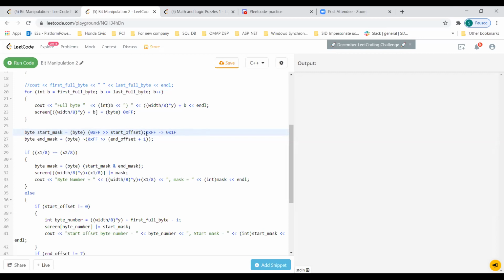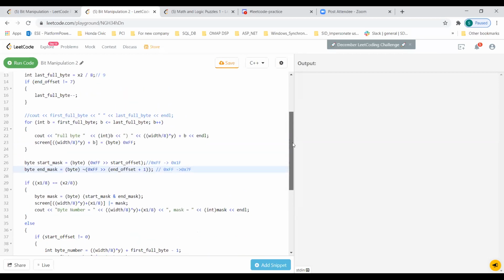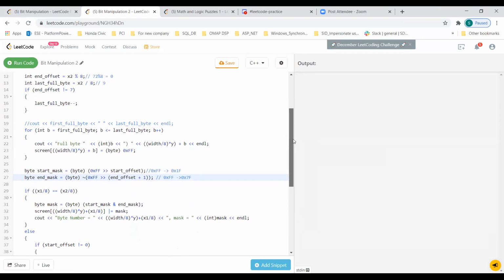And for the end offset, we don't have anything, right? So even if we have 0xFF, and the end offset was 0 plus 1, if we shift by 1 byte it will be something like 0x7f. Should not actually be able to shift anything because our end mask is 0.